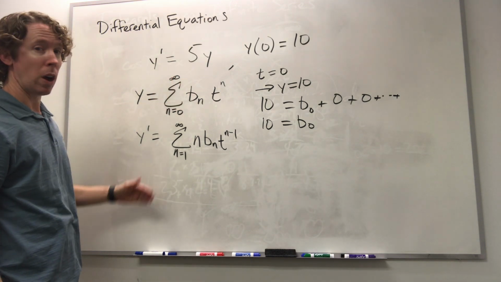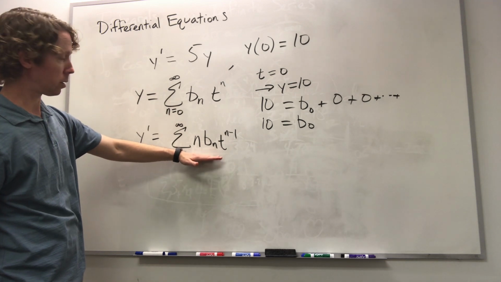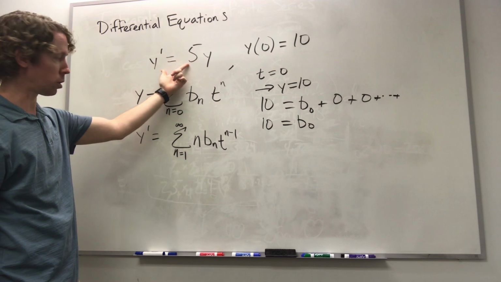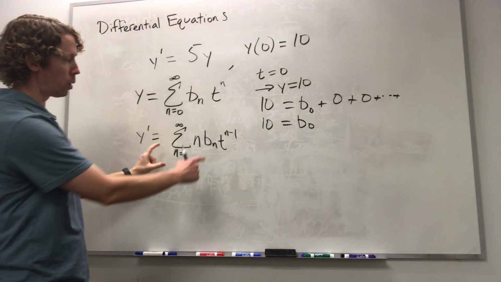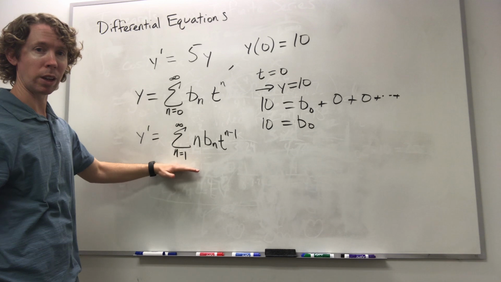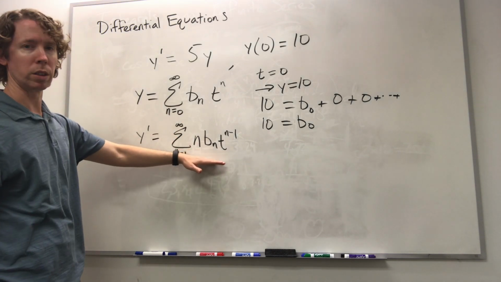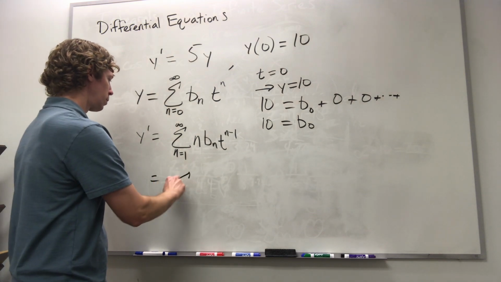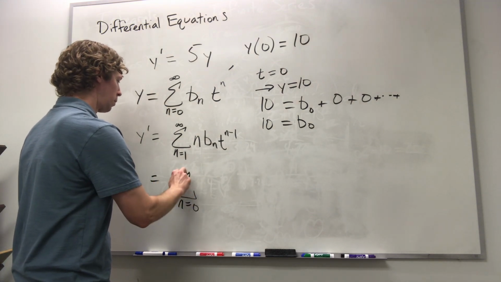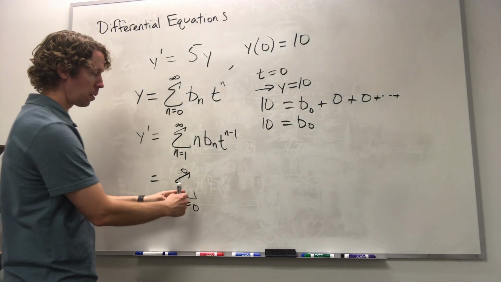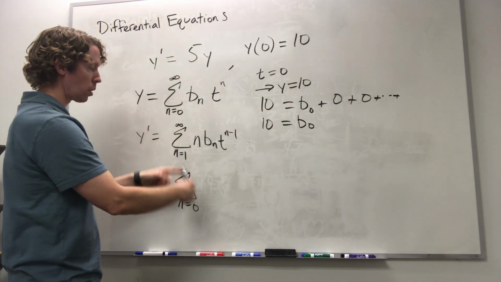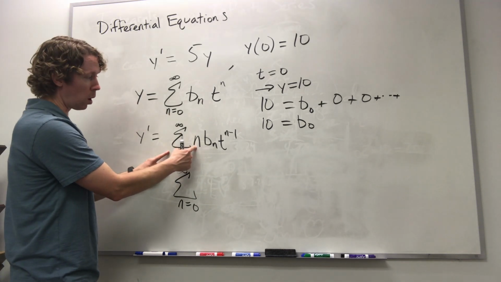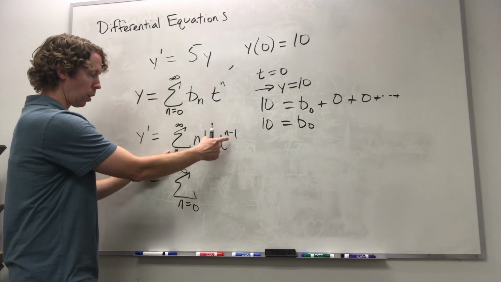And now I want to match up this term with one of these terms according to this equation. To do that, I'm going to rewrite this series so that it's starting at 0. That will make it a little easier for me to match these up. I want all the same terms down here that I have up here, and the first term should be 1 times b1 times t to the 0.